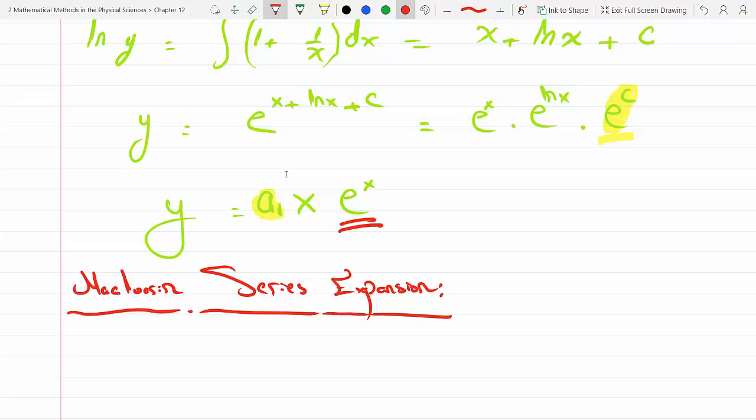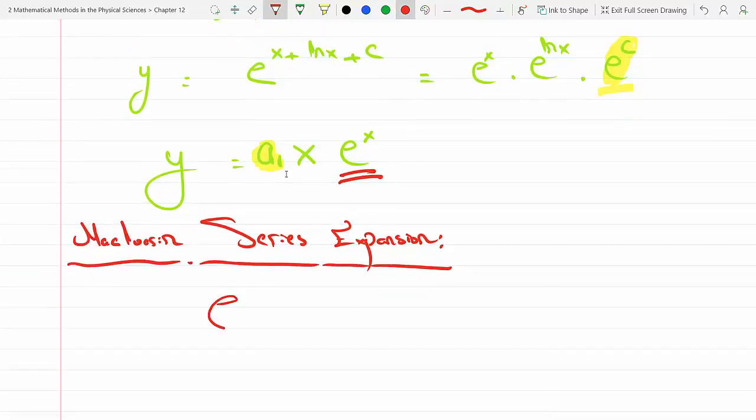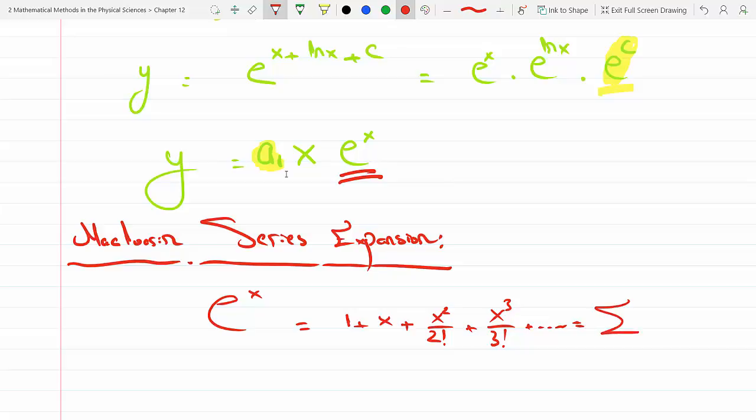If you were to do a Maclaurin series expansion on e to the x, you get 1 plus x plus x squared over 2 factorial plus x cubed over 3 factorial, etc., which is the same thing as the summation of x to the n over n factorial from n equals 0 to infinity.